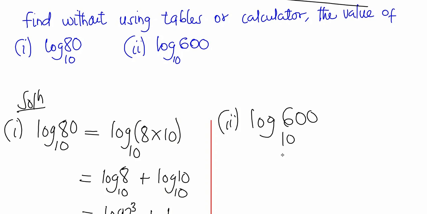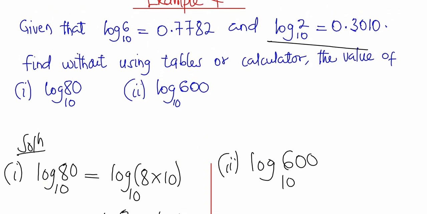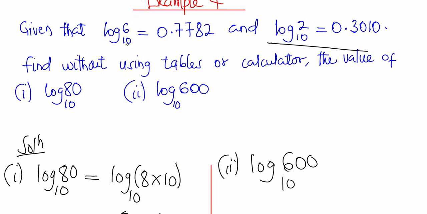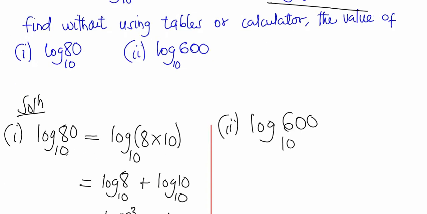So we ask ourselves, in what way must we simplify log 600 base 10 so that we can see either log 10 base 10 or log 2 base 10, or the two of them in the simplification, so that we do the substitution necessarily. Now we can see that the same procedure we used for log 80 base 10, we are going to apply to simplify log 600 base 10, which implies that we can write this as logarithm of 6 times 100.